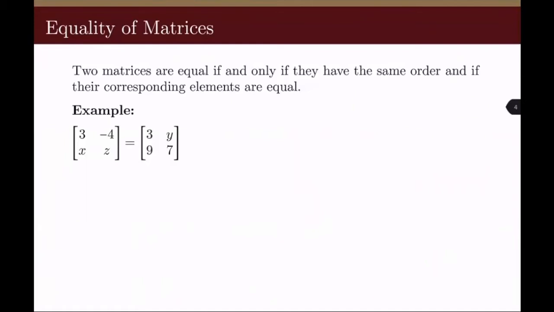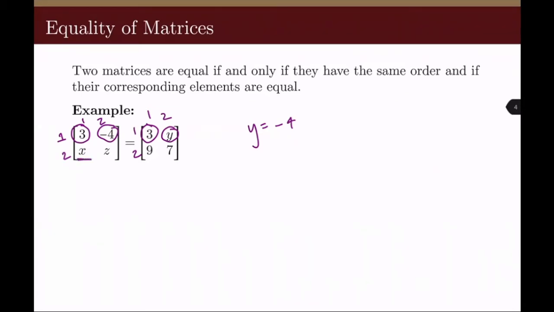So row 1, column 1 must equal row 1, column 1. And then row 1, column 2 must equal row 1, column 2. So that means y equals negative 4. It must equal negative 4, or else our matrices will not be equal.